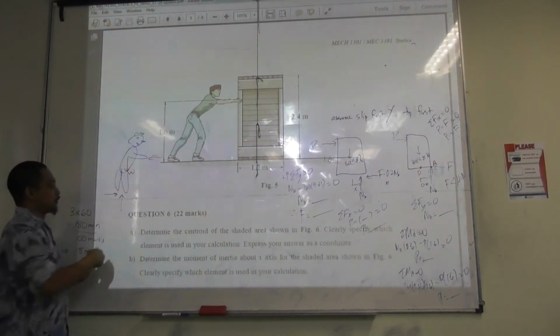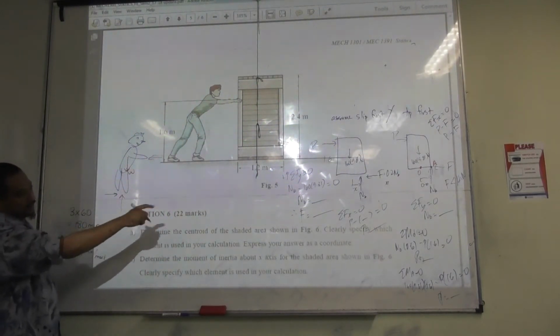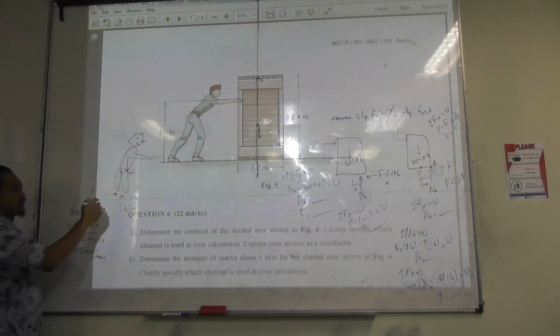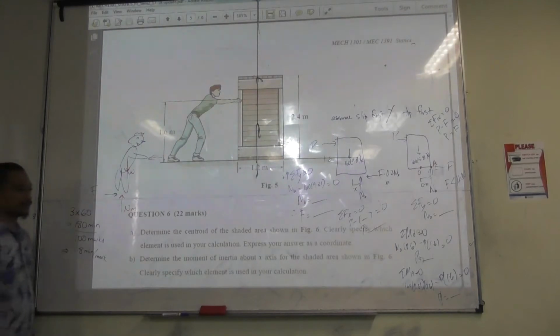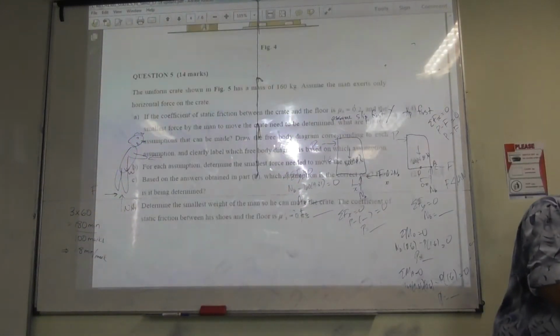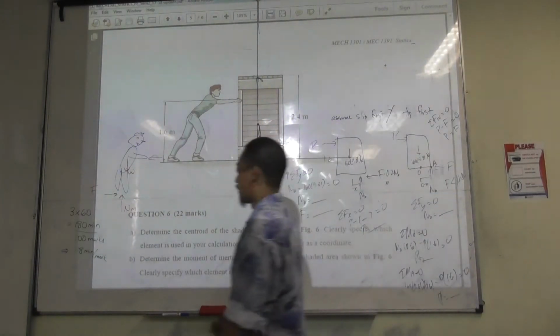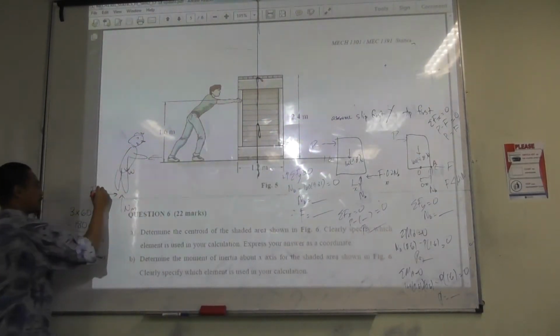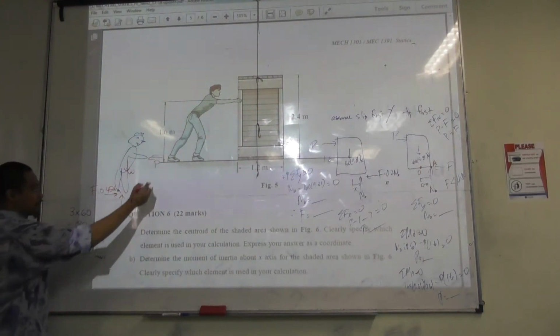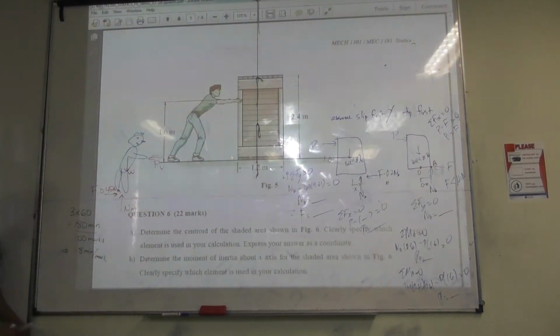So what's the label? Because that is N here, let's say this is N man. The friction here, what's the coefficient? 0.45. So F max is 0.45 N man, and this is P. P's value is already there. So can you solve for W?